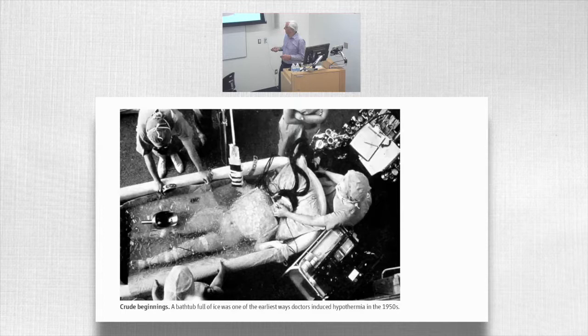So what they did was they anesthetized the patients, and this is an example of what was going on at the time. Anesthetize them, put them into this ice bath here, bring the temperature down to less than 30 degrees Celsius, and then it was inflow occlusion.